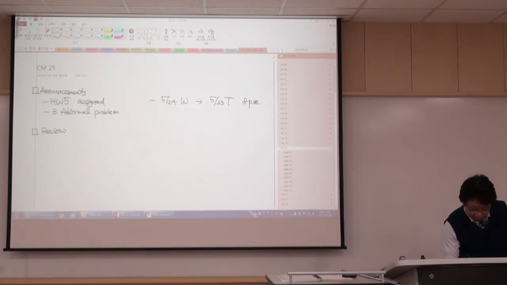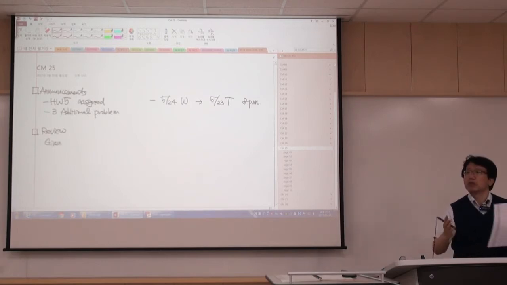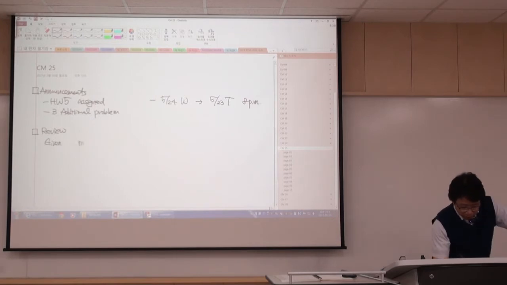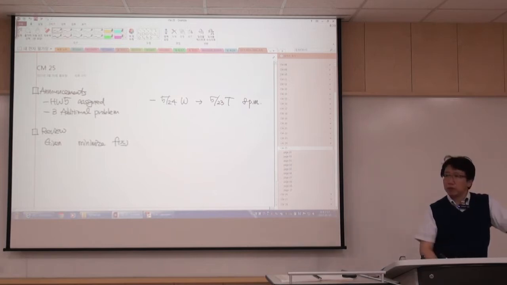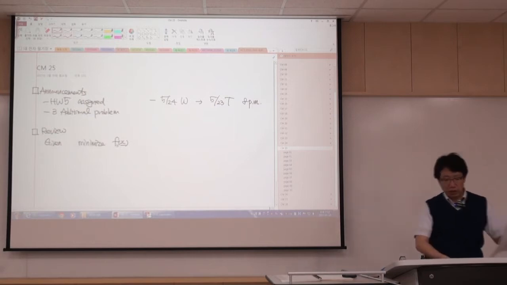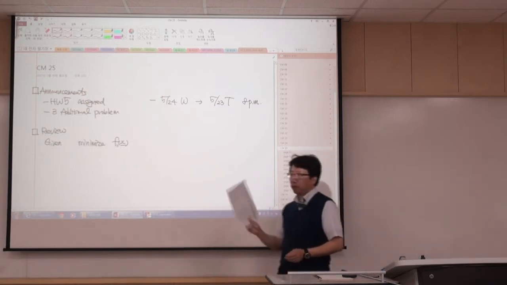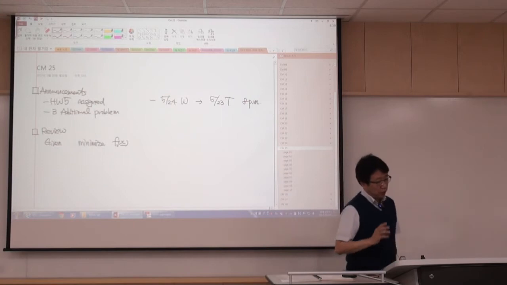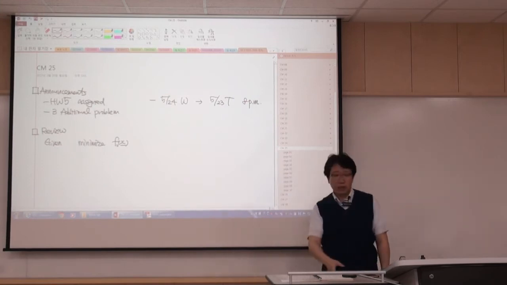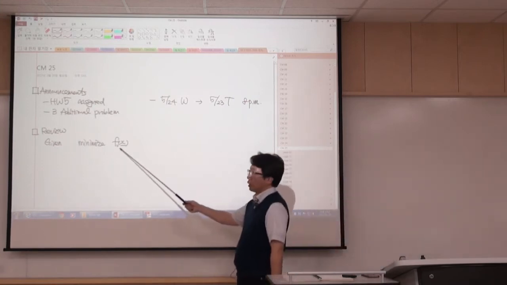So first, given a minimization problem, we consider the standard minimization problem. So we want to minimize function f. But here I adopt the notation from this lecture note. So f sub 0 is our objective function.